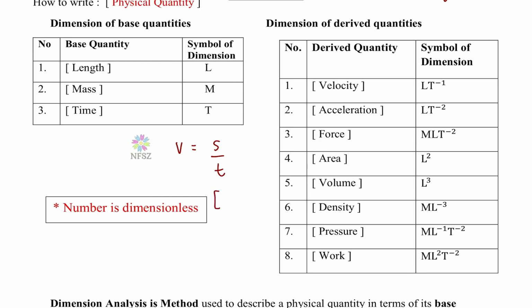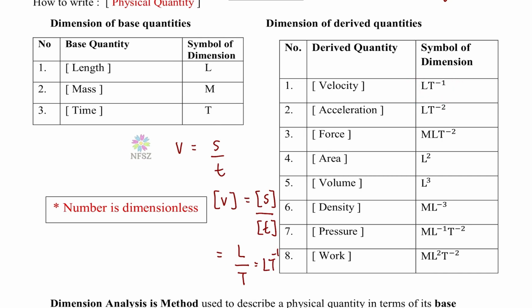You put down the square bracket for V, then displacement turns into its dimension, and also for T. The dimension for displacement is length, so it will be L. For time it will be capital T. We bring the time upwards, as you learned in high school, so LT^-1. Once you convert the physical quantity into dimension, you are not allowed to use square bracket anymore. You need to use a circle bracket like this.